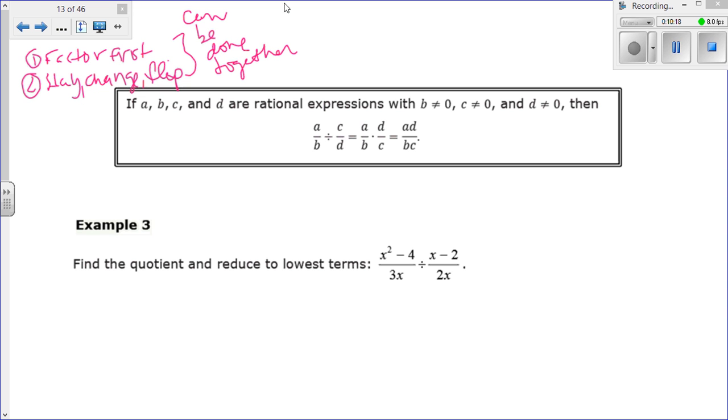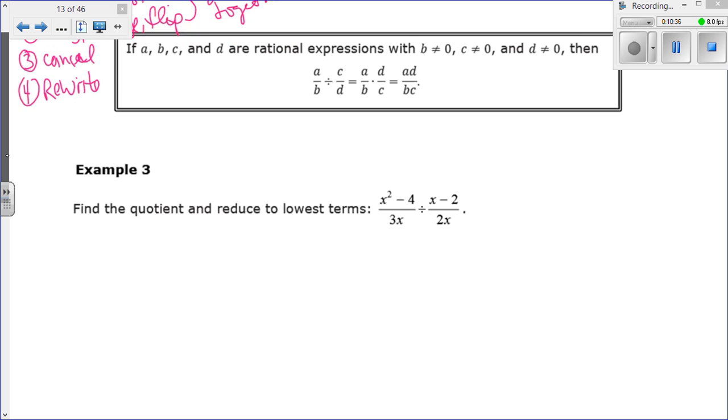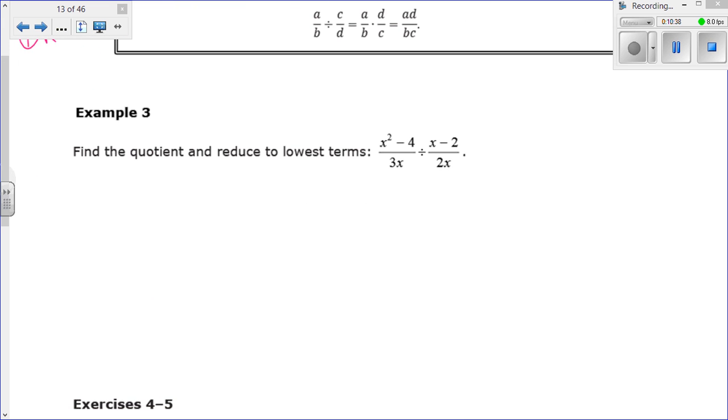And then we cancel and rewrite. So really, division is no different than multiplication, except we have to do the stay, change, flip. So let's try this.